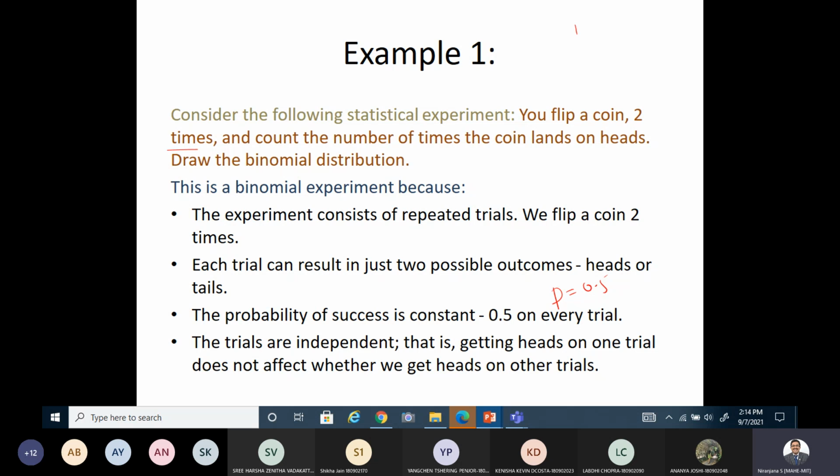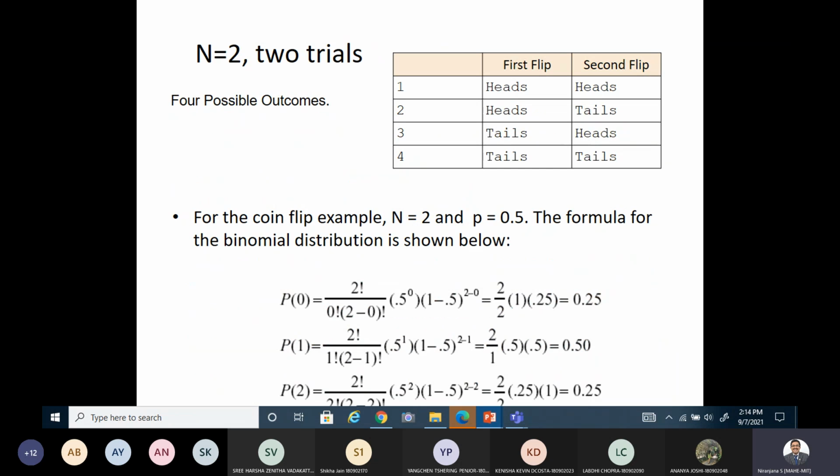So it is a problem of tossing a coin, also a type of problem which comes under a binomial experiment. That is how you can detect it. When you do various trials and try to observe the possible outcomes of heads and tails, the first flip may be head and the second flip followed by that also head, sometimes it may be head and tail, tail and head, or tails, both cases, right?